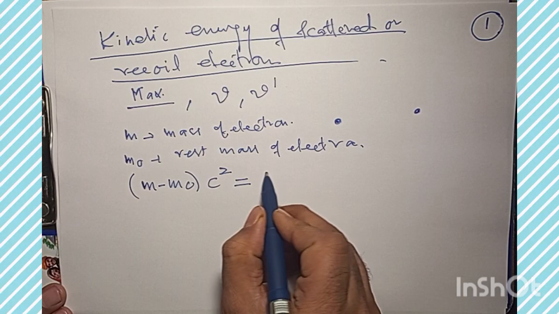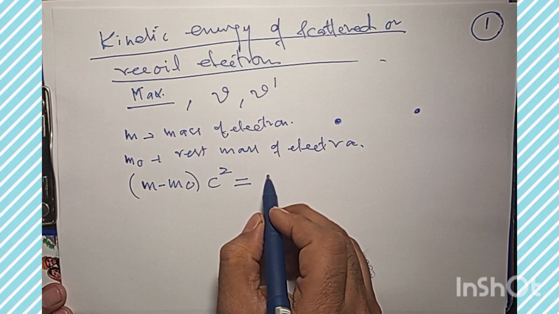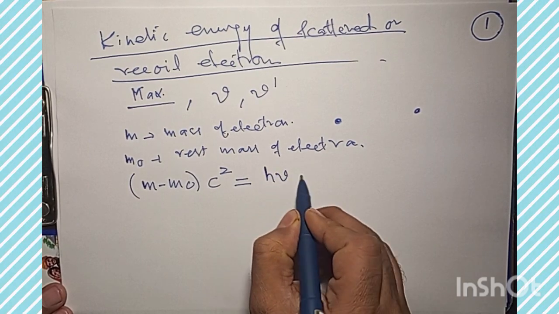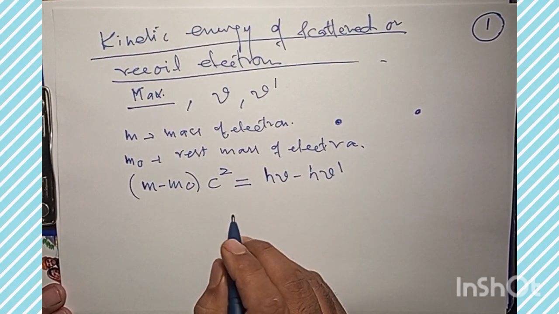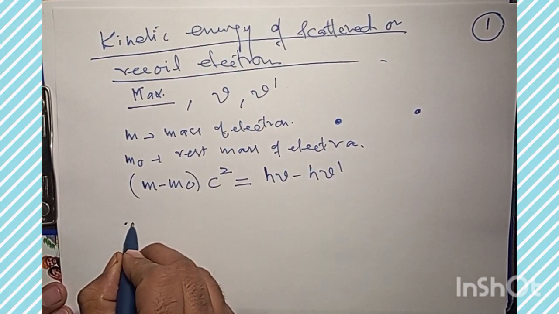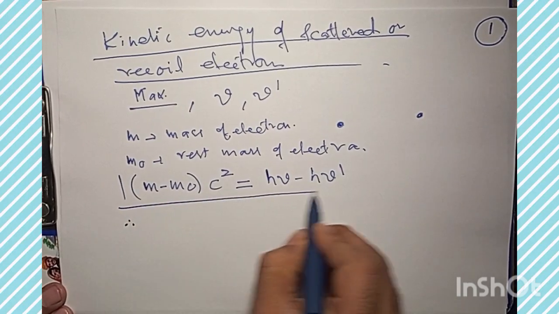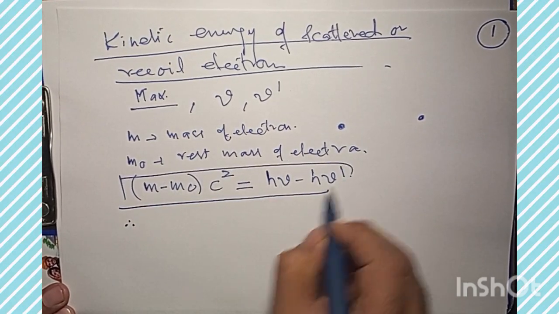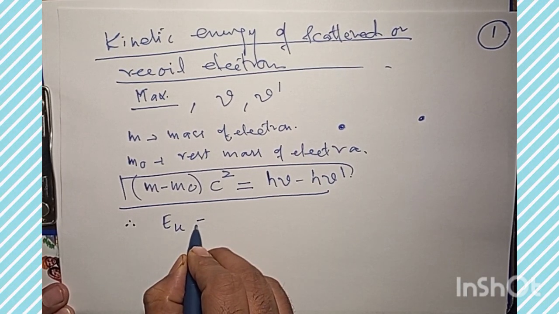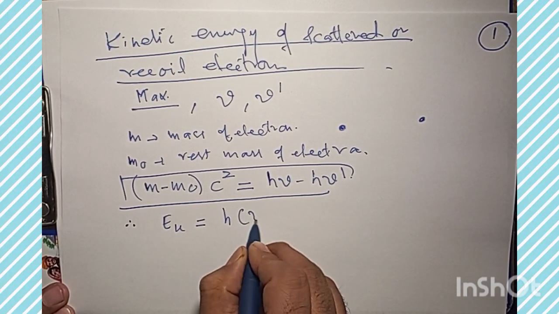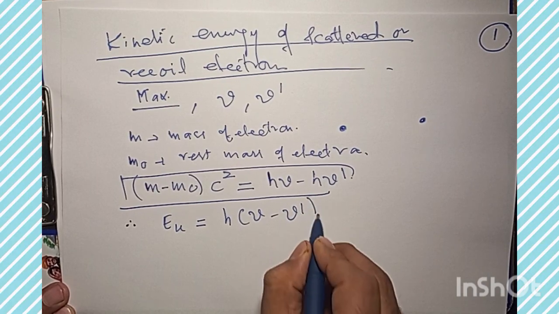That decrease in the energy of the incident photon is h nu minus h nu dash. So from the above condition, the kinetic energy Ek is h times nu minus nu dash.